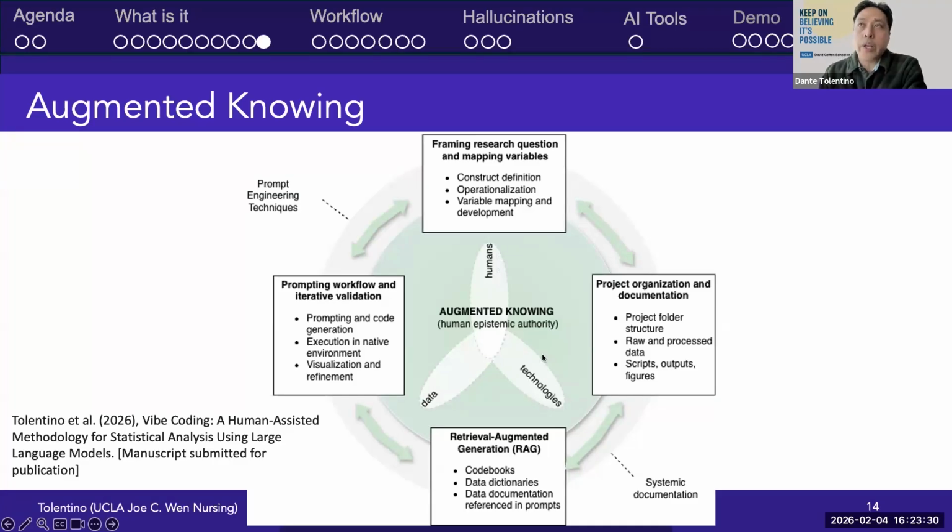But we argue that when you're using generative AI, we're positioning AI as a collaborator that augments, right, rather than replaces human knowledge and judgment. And so here we're saying that we keep the epistemic authority with humans rather than the AI. And that's really the heart of augmented knowing, where human epistemic authority still remains.